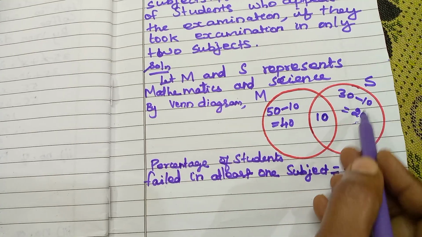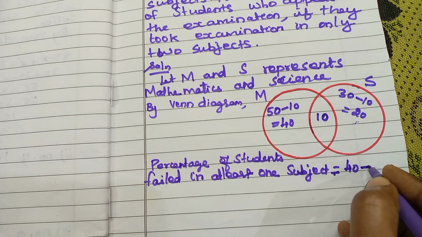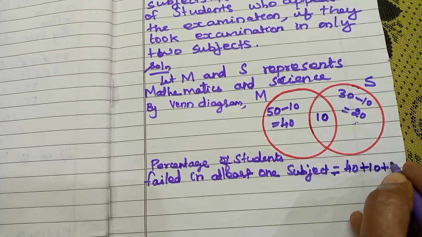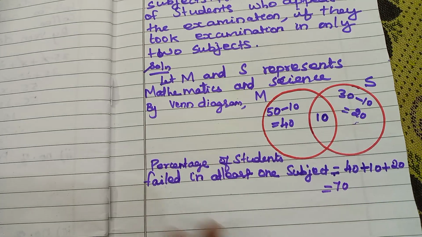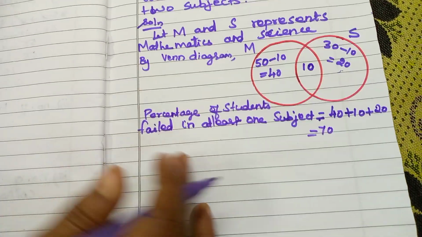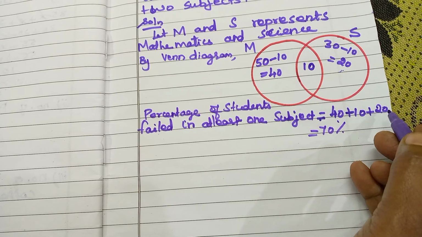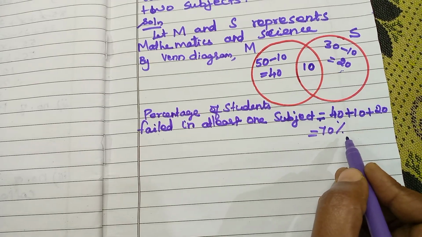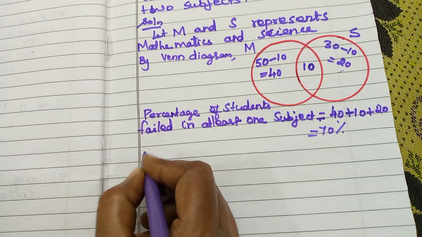Here 20 of them failed in science. 10 of them both. So 40 plus 10 plus 20, which is equal to 70. It is percentage we are finding. So 40% plus 10% plus 20%, that is 70%.